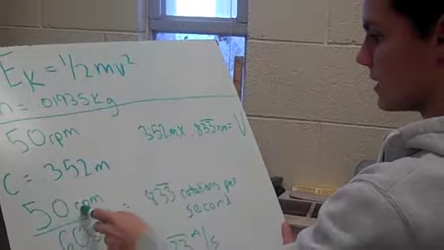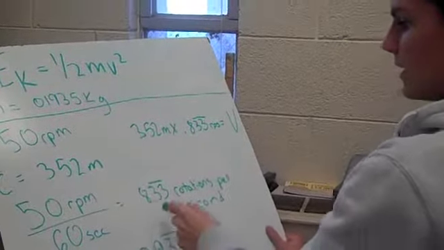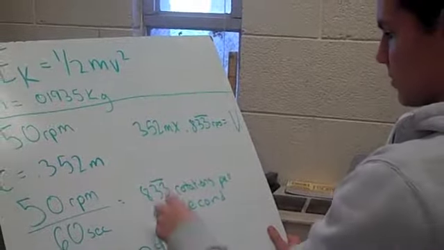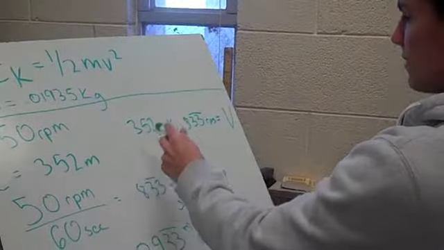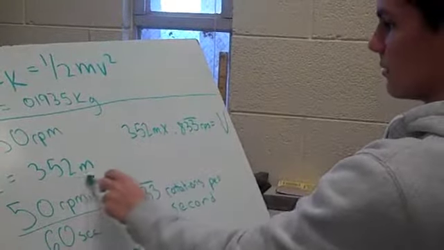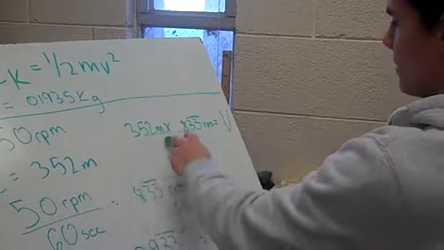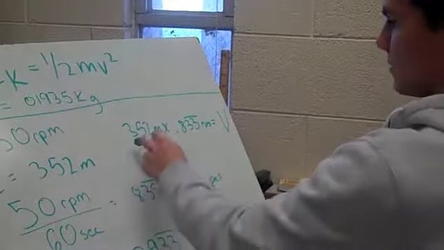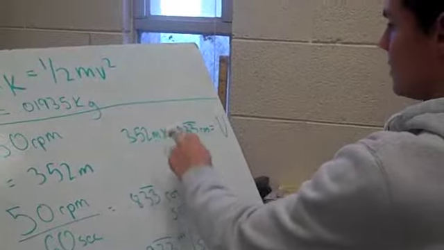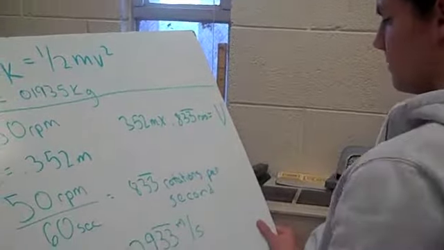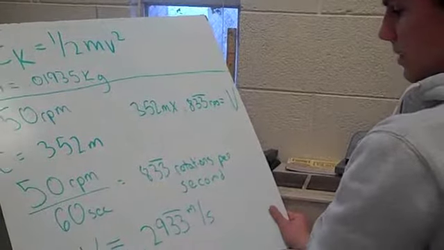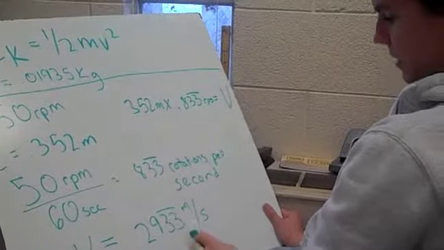If we take our rotations per minute over 60 seconds, we find that the mouse makes 0.833 repeating rotations per second. Now that we have the rotations per second and the circumference of the wheel, we can find out what the velocity of the mouse is. So we take 0.352 meters times 0.833 rotations per second to find the velocity to be 0.2933 repeating meters per second.